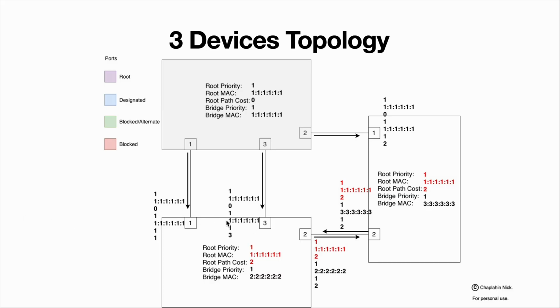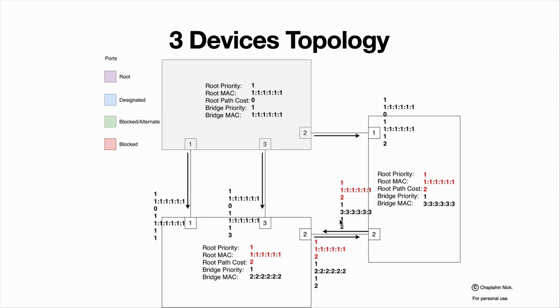Here nothing changed. Here all 3 ports remember those vectors. Nothing happened on the root. Those vectors are stable, operations as usual. And we remember it.